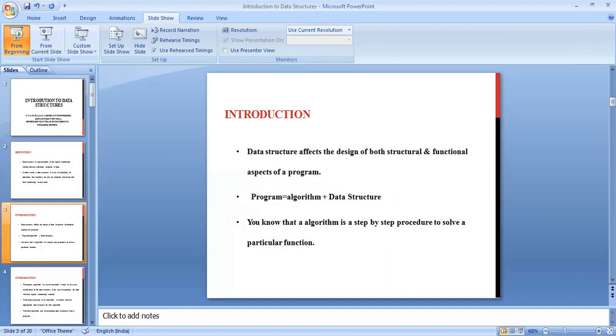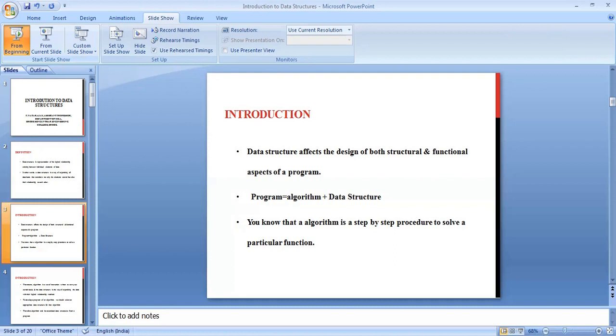So here we want to clarify that we are organizing and also storing the data, not only simply storing it. We also consider the relationship to each other.